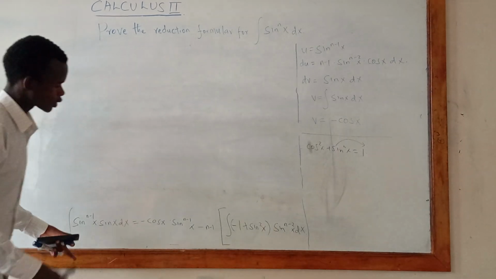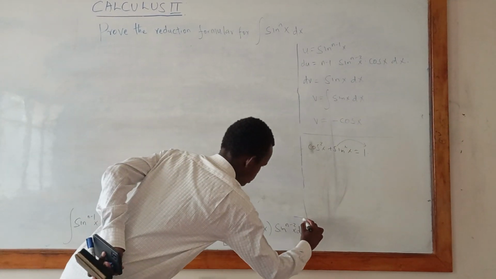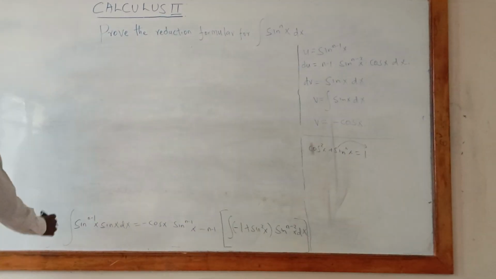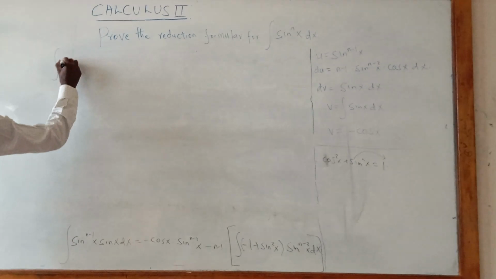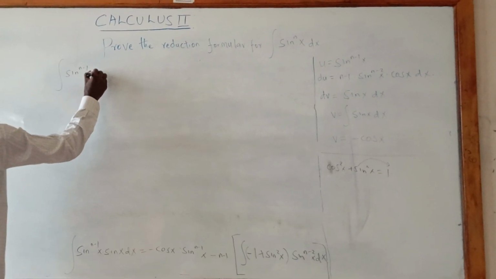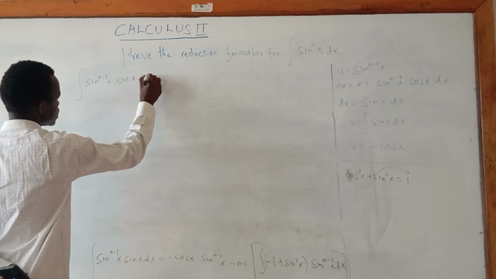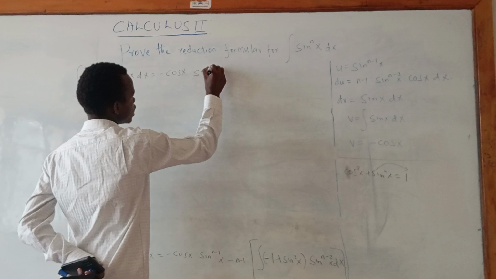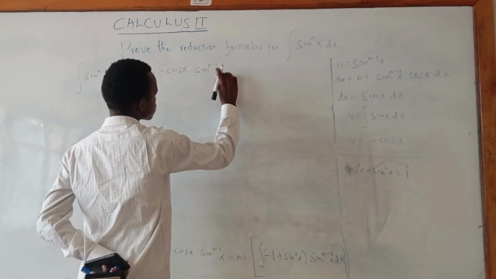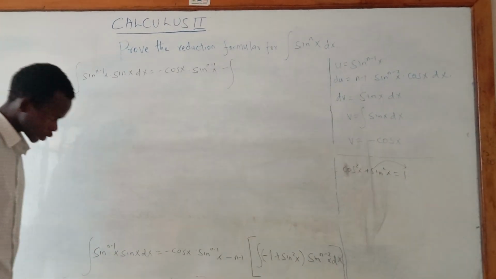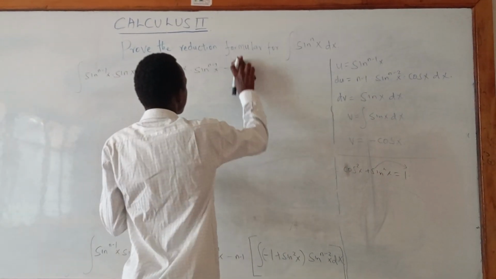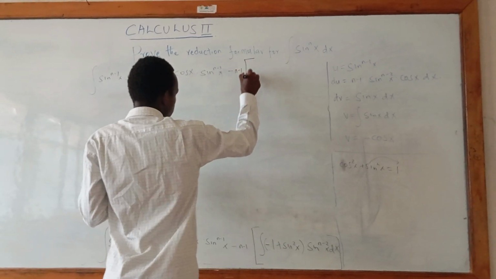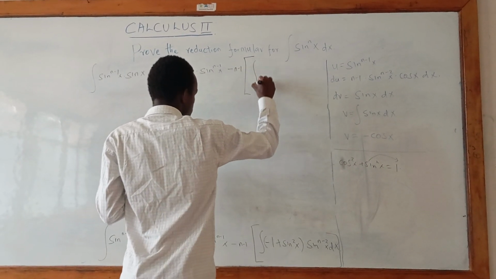From here, there's this other bracket, so let's open our bracket. We'll get the integral of sin^(n-1)(x) multiplied by sin(x) dx equals negative cos(x) multiplied by sin^(n-1)(x) minus the integral of (n-1) inside the integral.